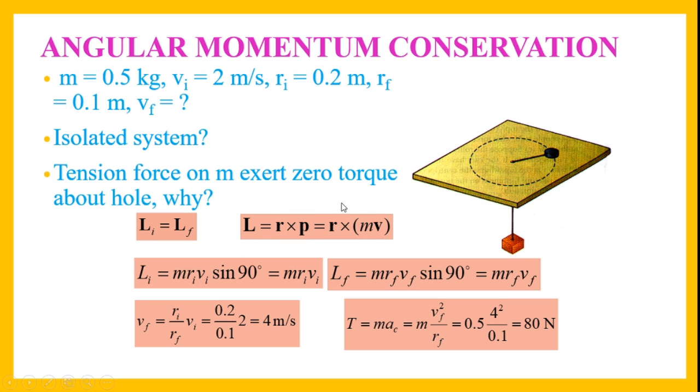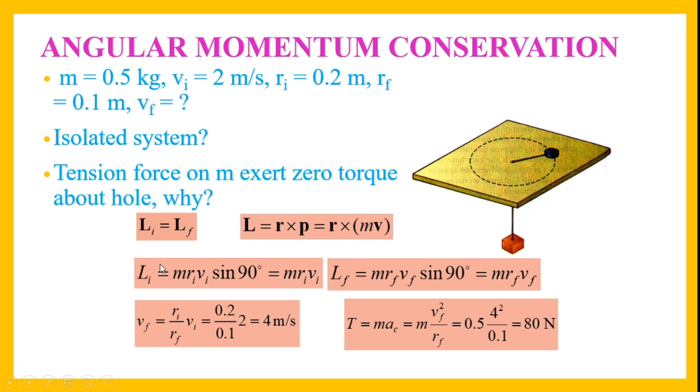In vector form it can be written as L is equal to R cross P. Here L is the angular momentum, P is the linear momentum and R is the position vector. According to the definition of linear momentum, P is mass times velocity. Hence we write P in the form of mv, and the equation becomes L is equal to R cross mv.